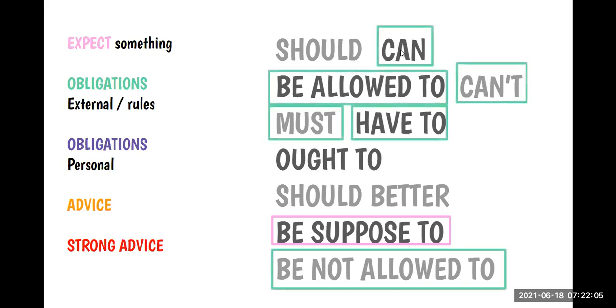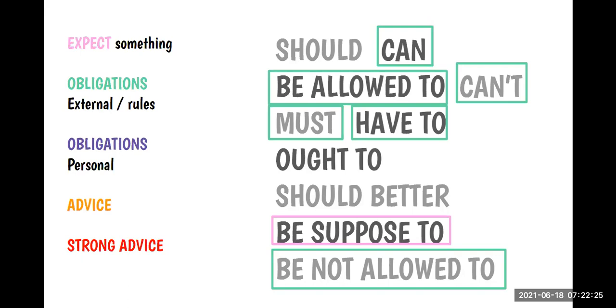So we can use can in the affirmative way, can't in the negative, be allowed to, must, and have to. And also be not allowed to, okay? So these are some modal verbs that we can use when we are talking about external obligations.